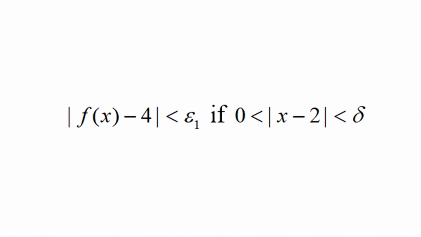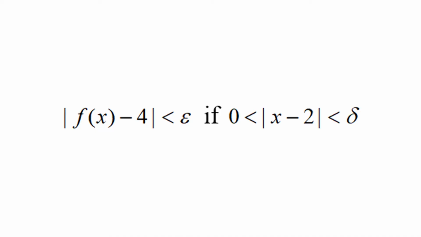Then by the discussion above, corresponding to this ε1, there exists a δ > 0 such that |f(x) − 4| < ε1 if 0 < |x − 2| < δ. Since ε1 < 4 ≤ ε, it follows obviously from the above that |f(x) − 4| < ε if 0 < |x − 2| < δ.